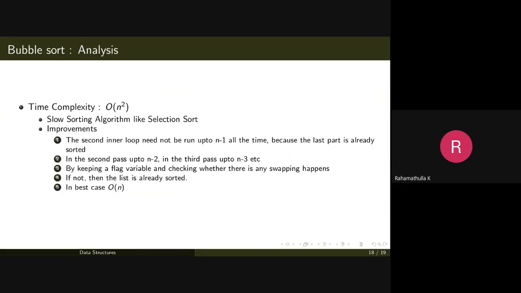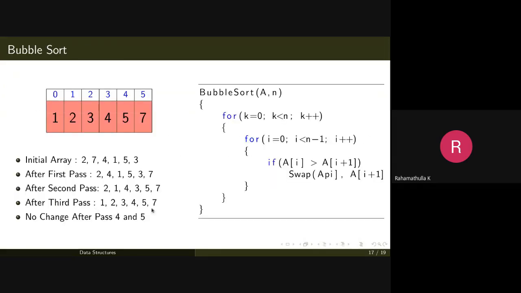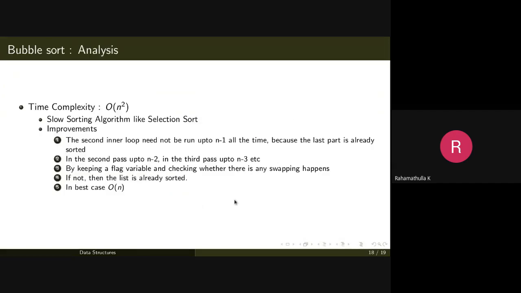If any swap happens, then the array is not already sorted, otherwise the array is already sorted. So in the fourth pass, you will see that at the end of the inner loop the flag is still 0. In that case, you can say that the array is already sorted and exit from the entire loops.